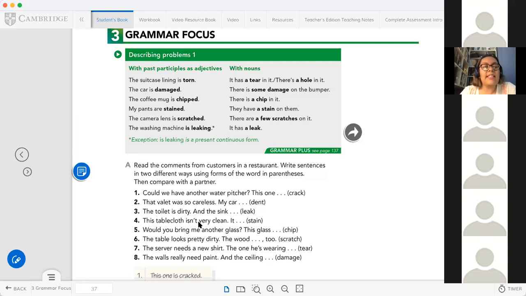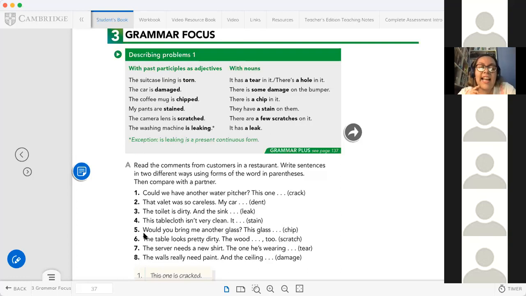This tablecloth isn't very clean. It has a stain, or is stained. Perfect. Is stained. Stained. Okay. Now, by the way, tablecloth es mantel. Entonces, aguas con eso. Next one.